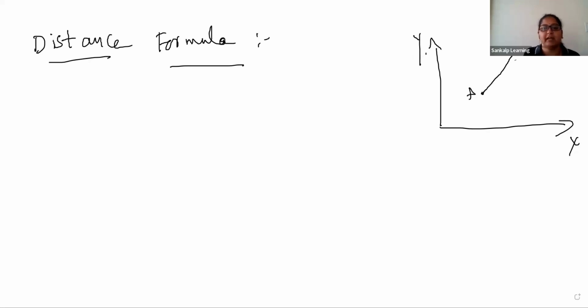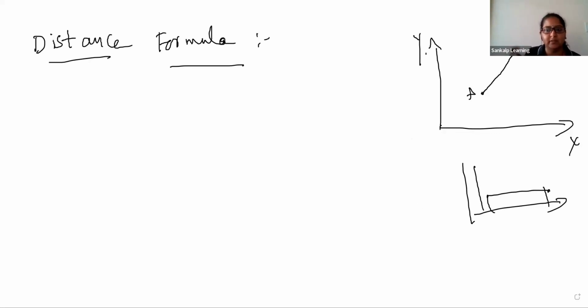Okay. See, we had to find the distance between the points. A is one point, B is another point. How do we find out the distance between those two points? For example, if it is parallel to the x axis, we were calculating based on x. If it is parallel to the y axis, we were calculating based on y.